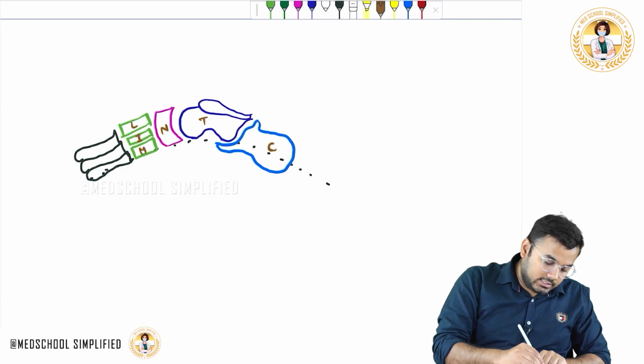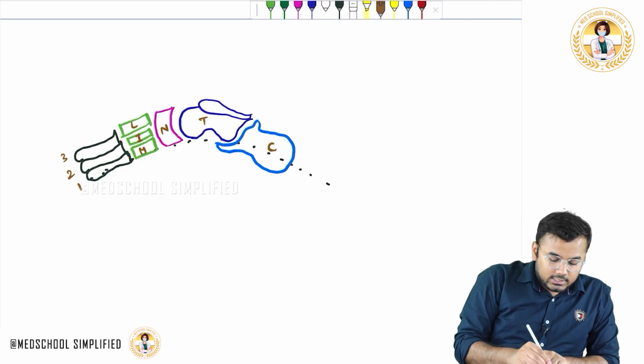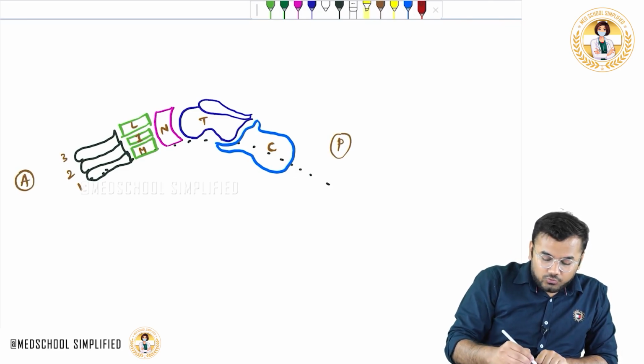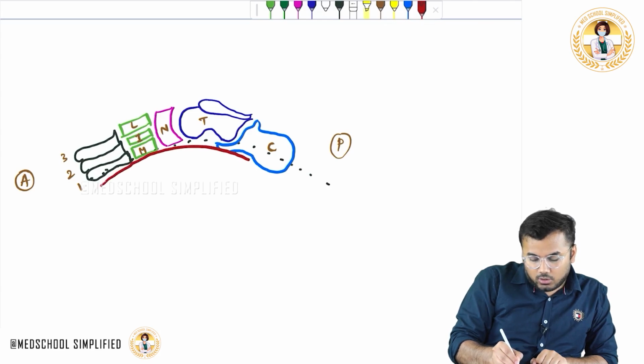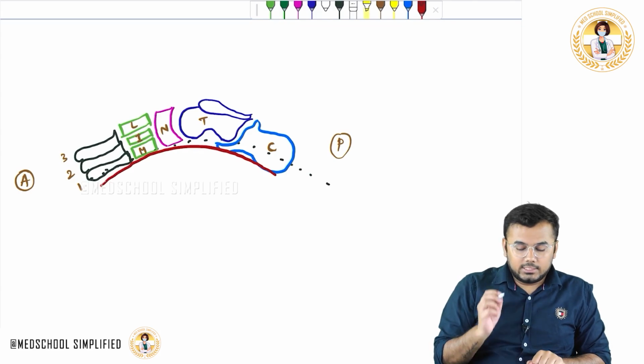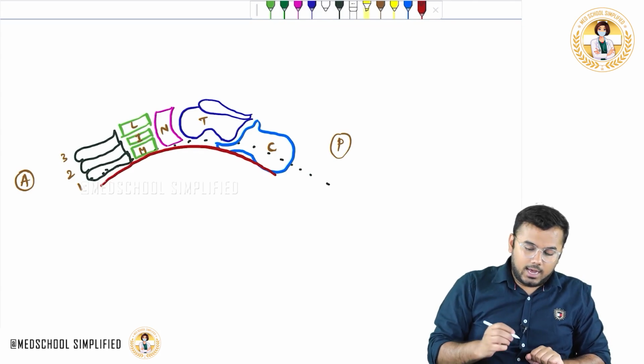And after that, this is the first metatarsal, second metatarsal, and third metatarsal. All of you know that this will be the anterior, this will be the posterior. Now this arch that is formed here is called the medial longitudinal arch.